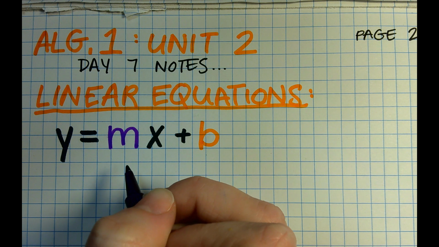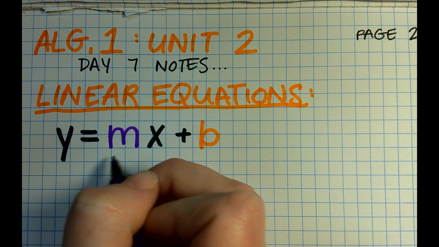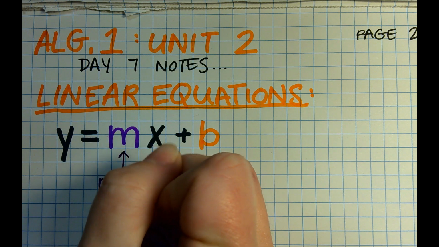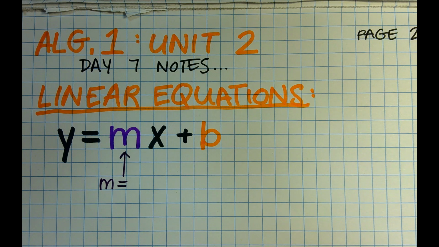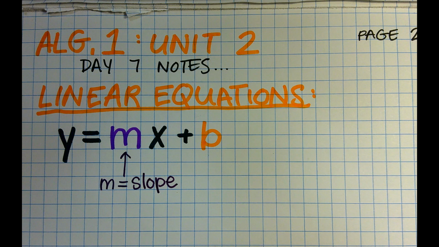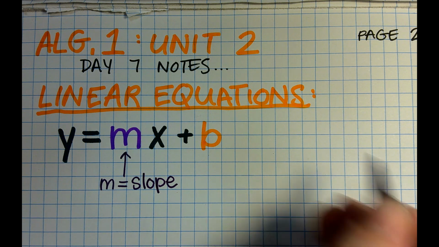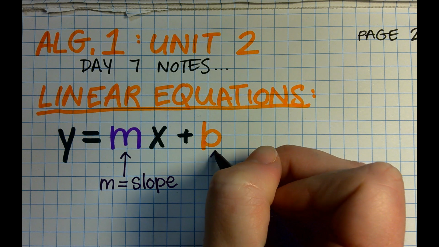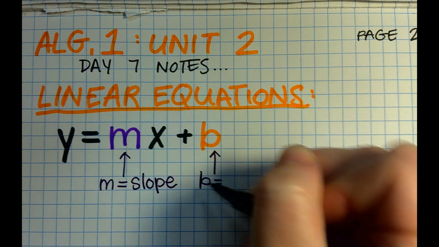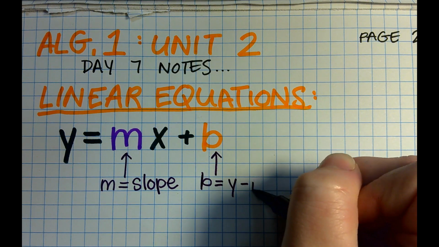The letter M in our equation stands for slope, so I'm going to write M equals slope, S-L-O-P-E. And B equals something called a y-intercept.